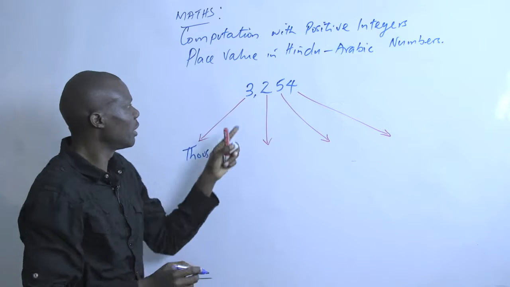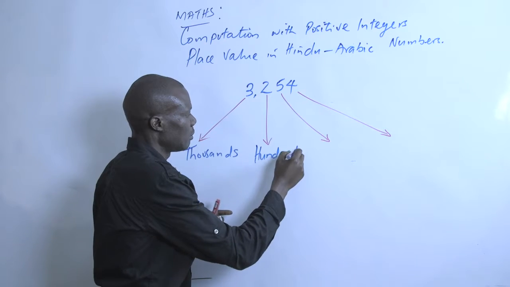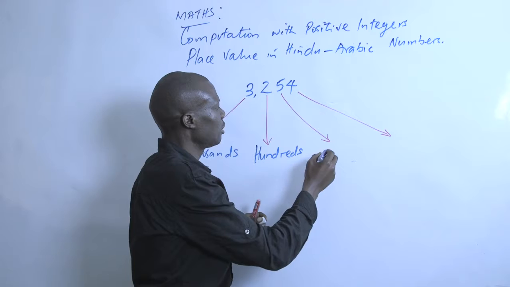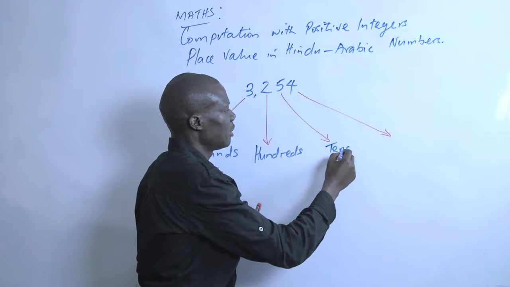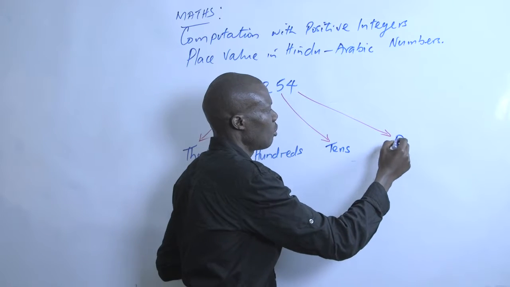Digit 2 stands for hundreds. Digit 5 is at the position of tens, and 4 is ones.